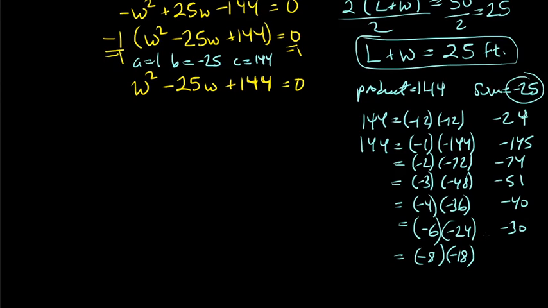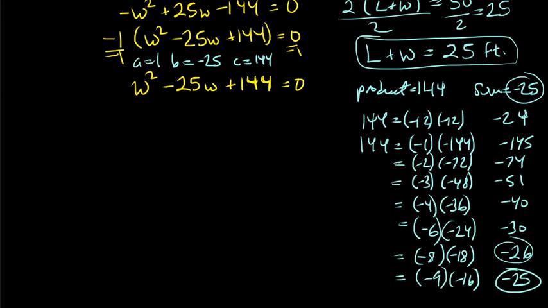And when you add those, you get negative 26. We're looking for negative 25, so even that doesn't work. So what do we do? We divide by negative 9, and we get negative 16. So negative 9 plus negative 16 is indeed negative 25.